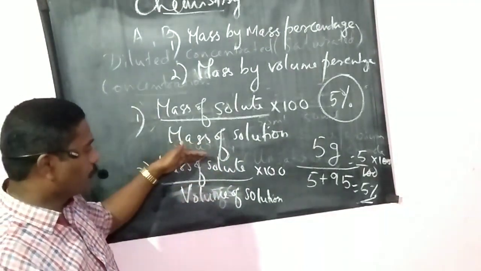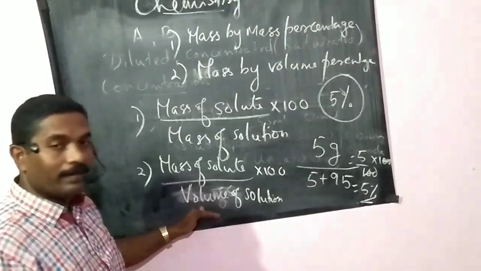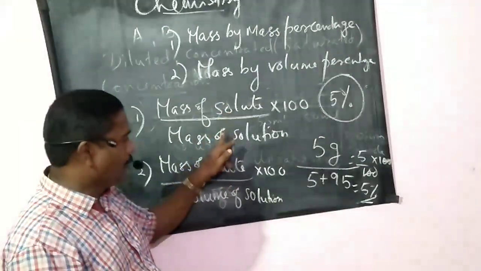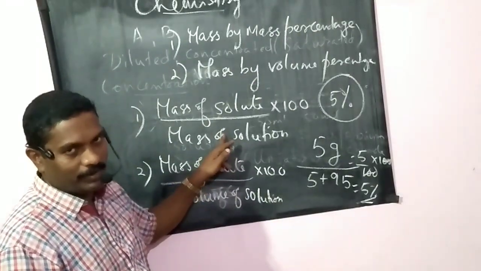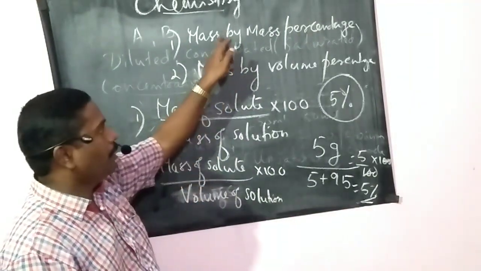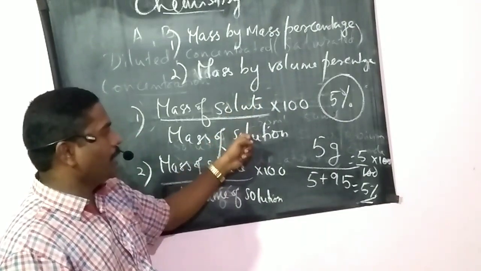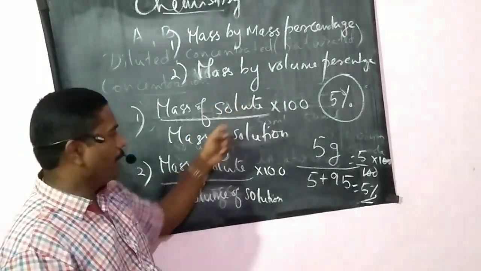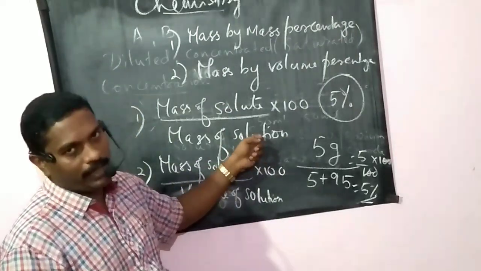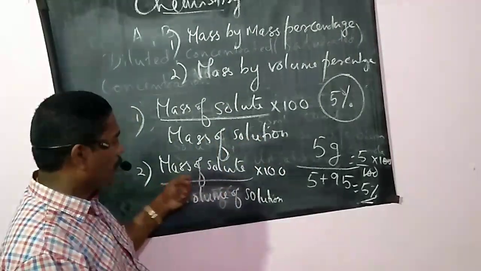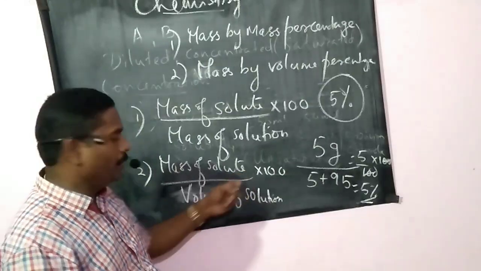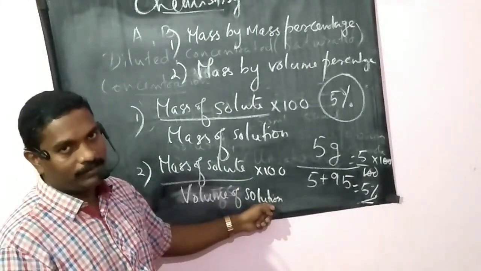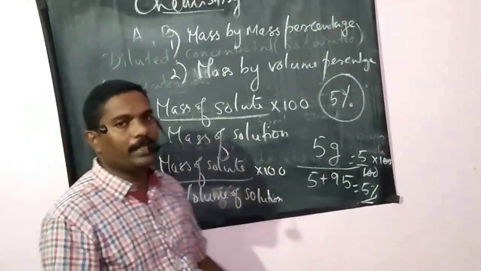So, mass of solute taken in a liter of solution. Here, in mass by mass, both the mass of solute and the mass of solution are taken in gram. But here, the mass of solute is in gram and the volume of solution is in liter. That is the difference.